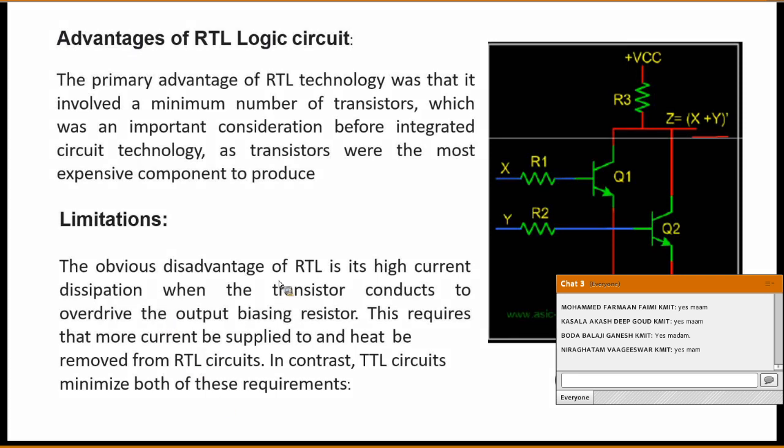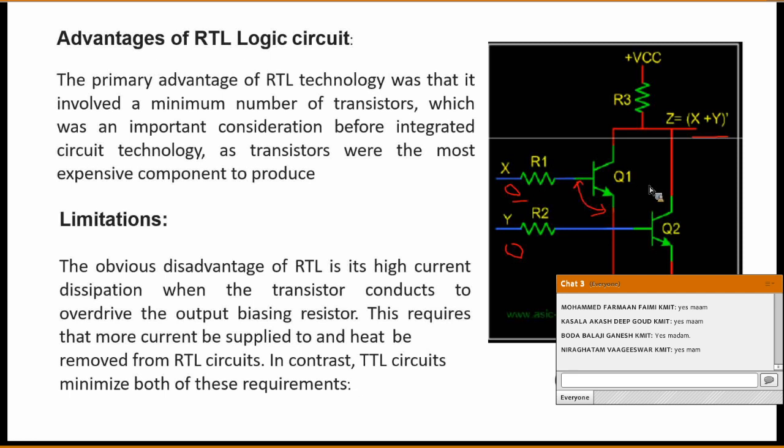So if the input is 0 and 0, if X is equal to 0 and Y is equal to 0, then both the transistors, 0 means it is less than 0.7 volts. If you want to make a transistor on, its voltage level should be greater than 0.7 volts. But here we have only 0 volts.